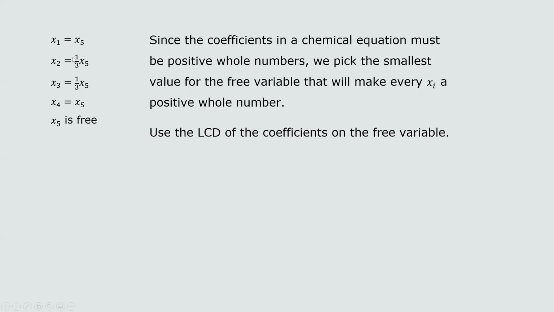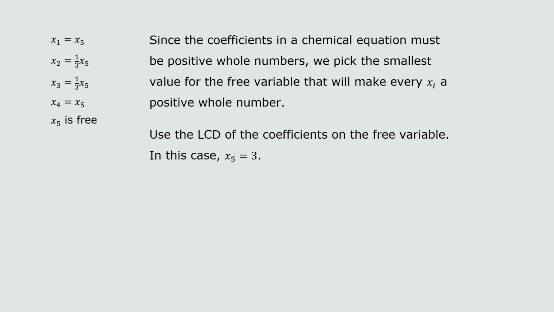So in other words, if I had instead, let's say, a 1/3 and a 1/2, then I would let x5 be 6. So whatever your LCD is, you let your free variable equal that number. Okay, in this case, x5 equals 3 is going to give us all whole numbers.